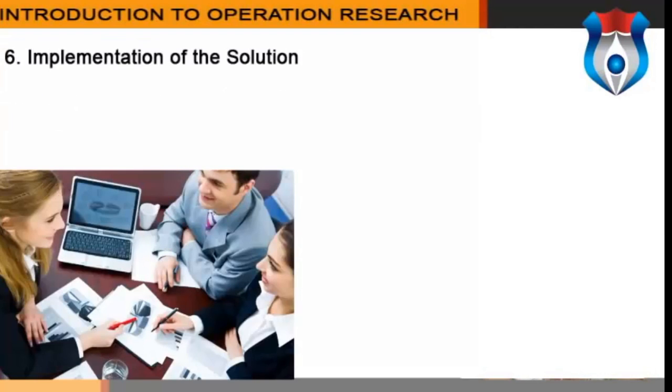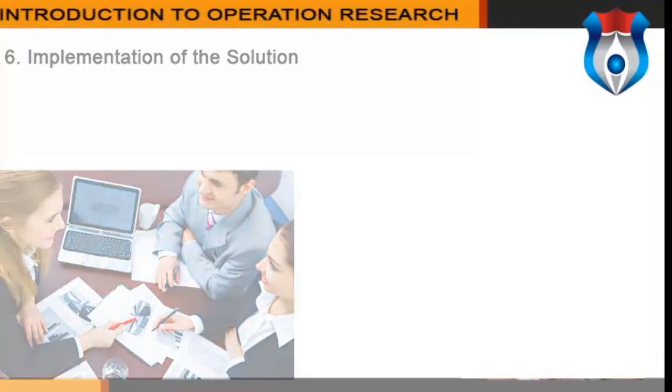Implementation of the solution. This is the last phase of the OR study. In OR, the decision making is scientific, but implementation of the decision involves many behavioral issues. Therefore, the implementation authority has to resolve the behavioral issues involving the workers and supervisors to avoid further conflicts.